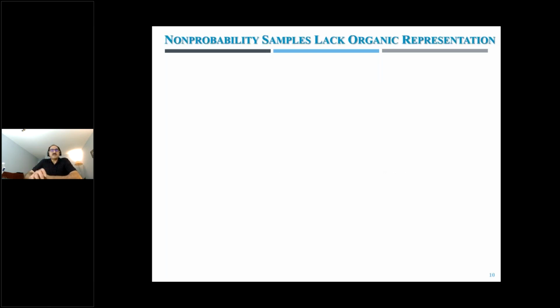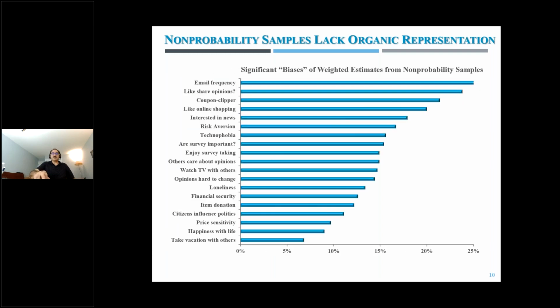So what is the big deal about these non-probability samples? As I mentioned, they often lack organic representation. This is a study that we conducted a few years ago showing that when you have a non-probability sample and you weight this sample to basic geodemographic distributions, there are still a whole bunch of measures that are going to lack external validity.